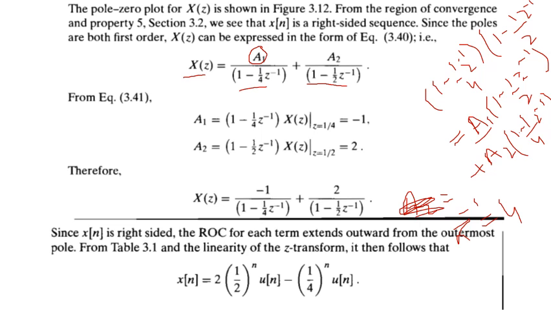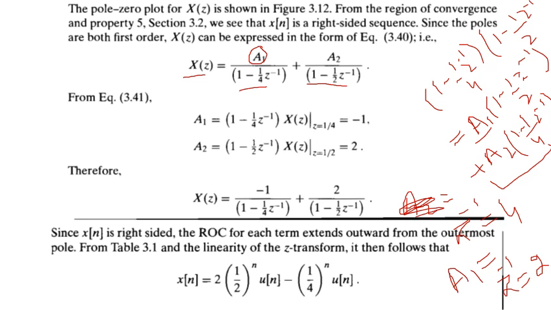If I put z inverse to be 4, the a2 expression gets cancelled and we can find out the value of a1. Likewise, if you want to find out the value of a2, you can put z inverse equal to 2. So this expression gets cancelled. So you can easily find out the values of a1 and a2.